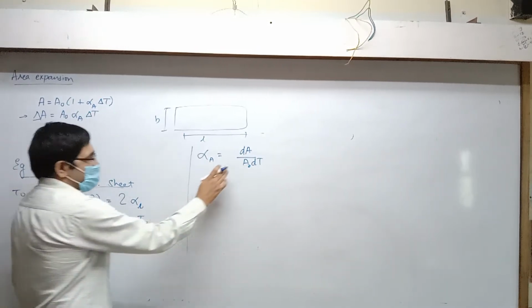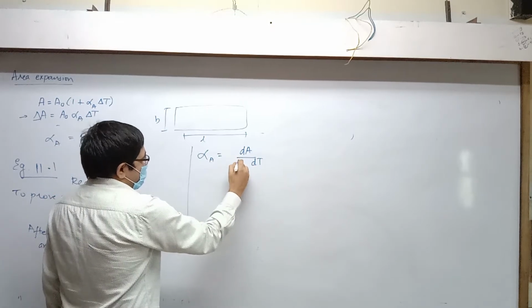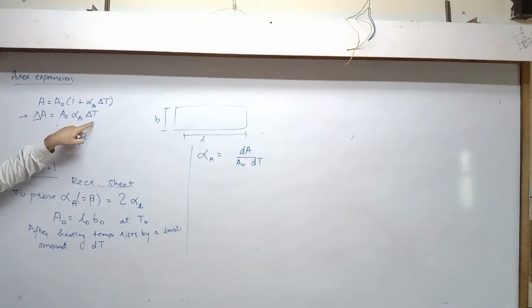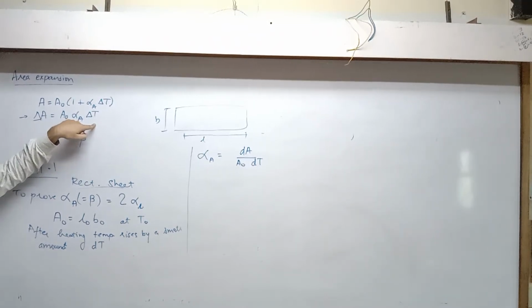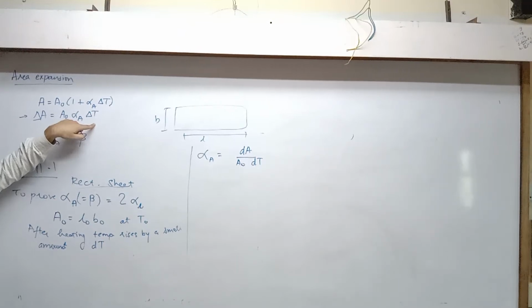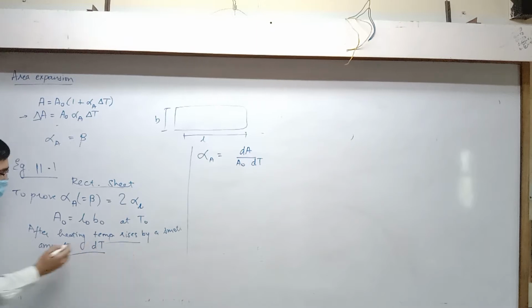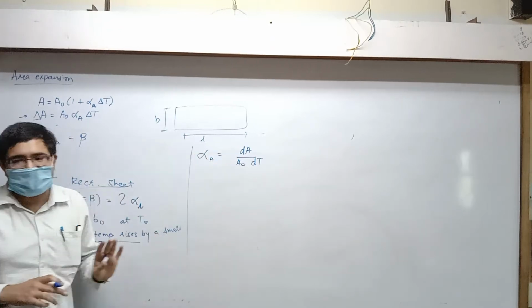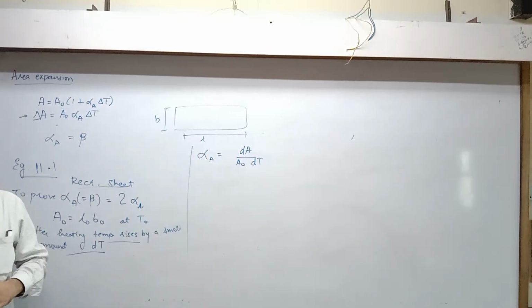Did you understand or not clear? Here, what is alpha_A? Delta A by A0 delta T. But for small changes, instead of delta T we write dT. Not only that, if the temperature change is small, then the change of area will not be very big. That's why that's also infinitesimal. dA by dT. Understood? Okay.